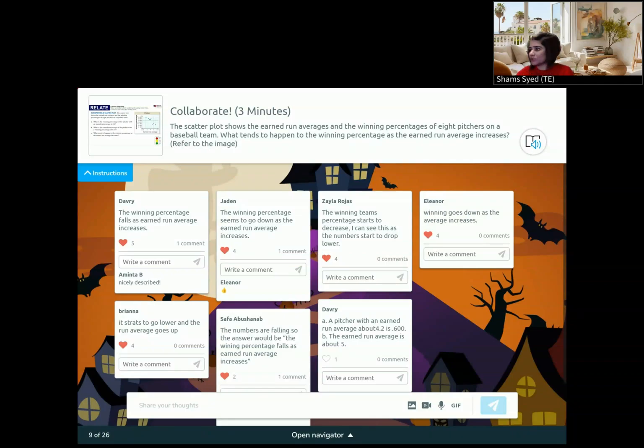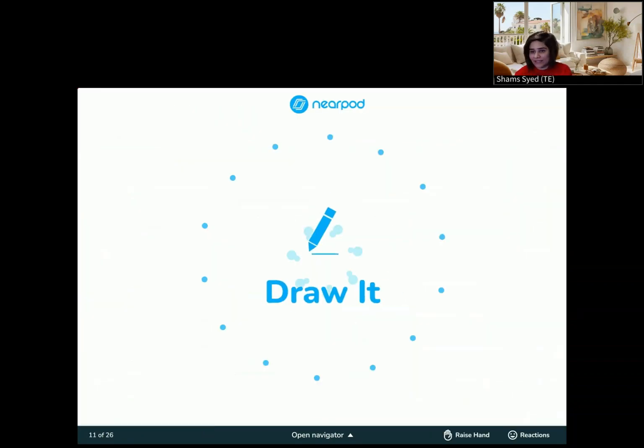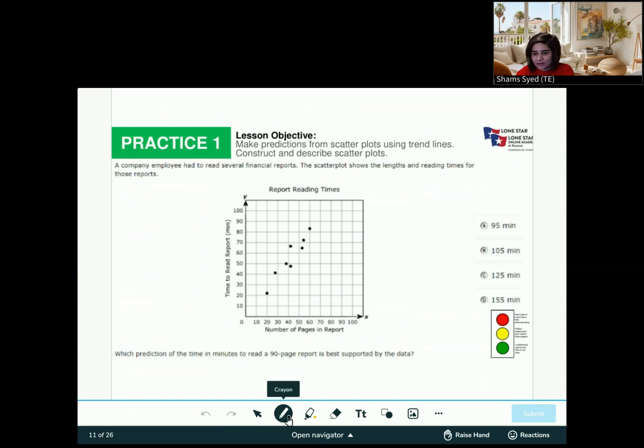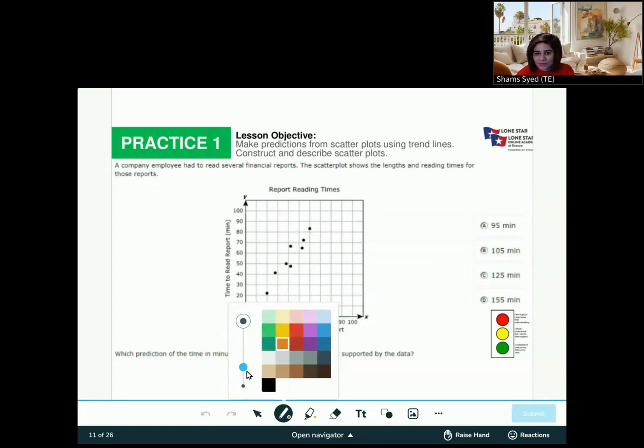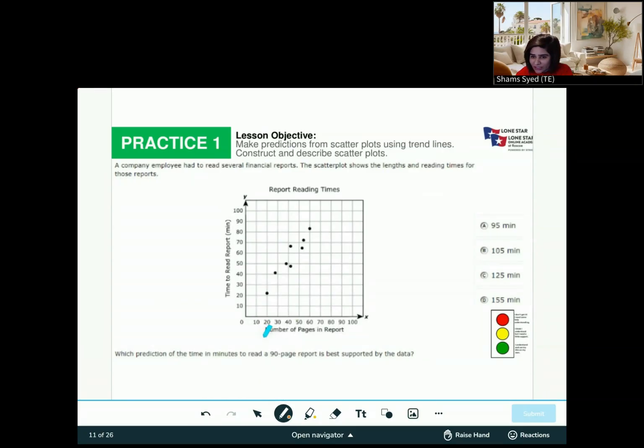Here is how the problems for this topic will look. The question says, a company employee had to read several financial reports. The scatter plot shows the lengths and reading times for those reports. The x-axis is the number of pages in the report.